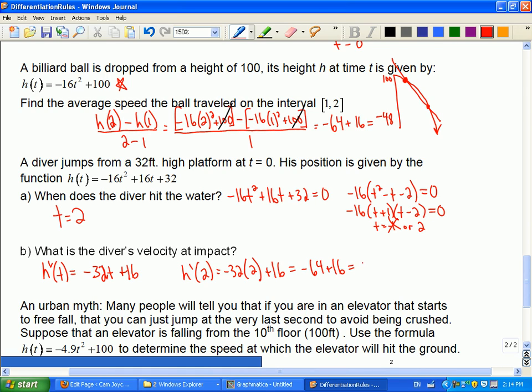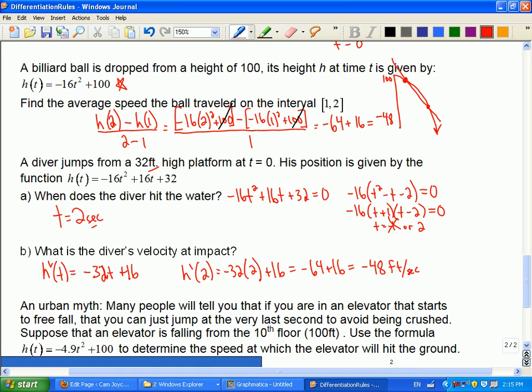So this is going to be negative 48. And again, if we're dealing with feet, we'll be talking about feet per second. My units here are in seconds and feet, so the rate of change would be the number of feet per second. So 48 feet per second is how fast you're falling.